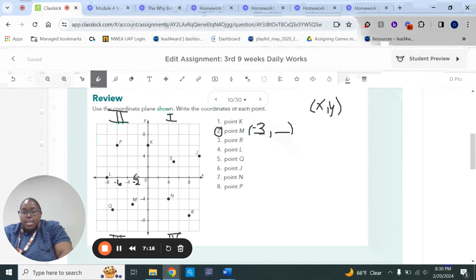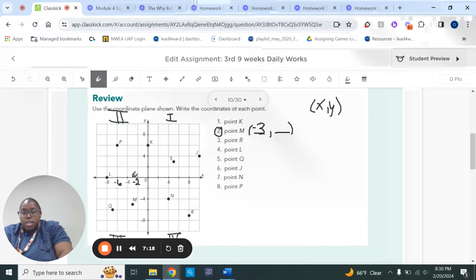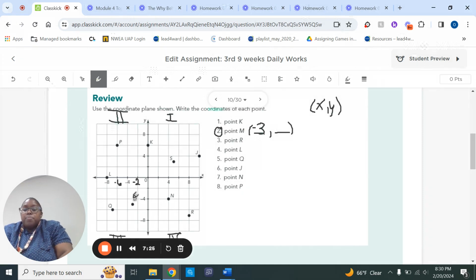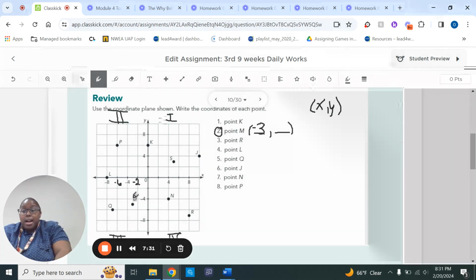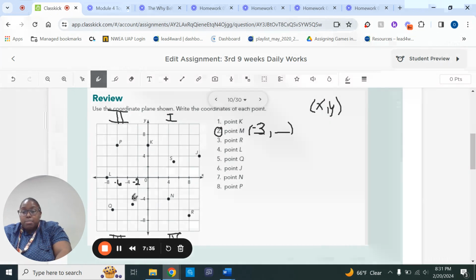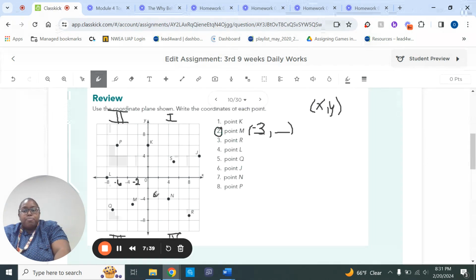So on my X, they went -2, then got to -3 and dropped down because it's right there in the middle. Now, if you're not sure that it's in the middle, I will tell you all of these dots are in the middle, in between these numbers, okay? Just to help you out a little bit.